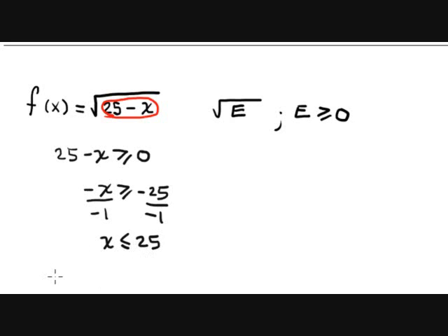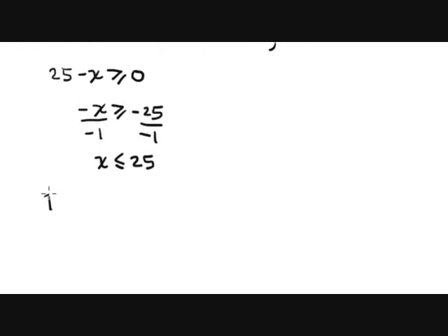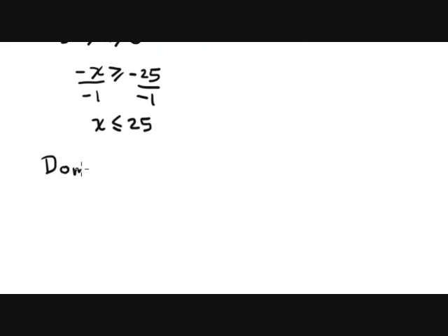Okay, that's the conclusion. The domain of the function f of x is, let me write in set builder notation, x such that x is less than or equal to 25.